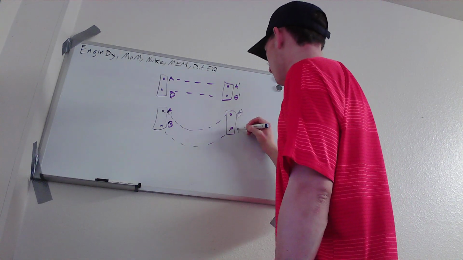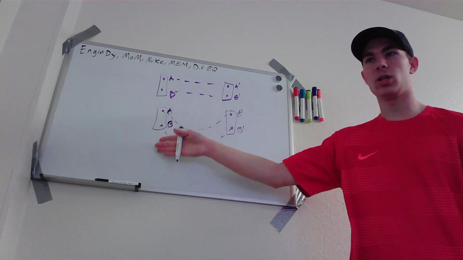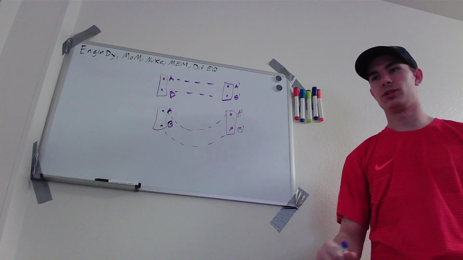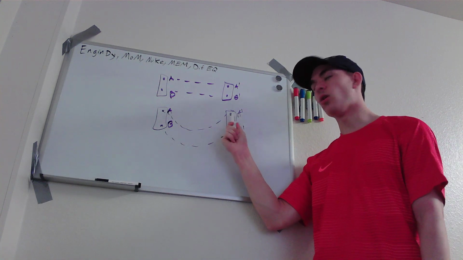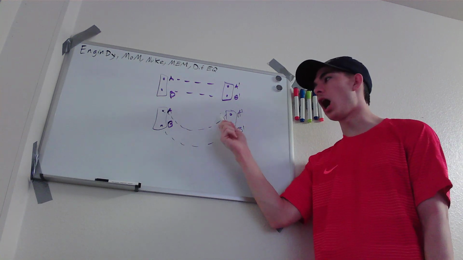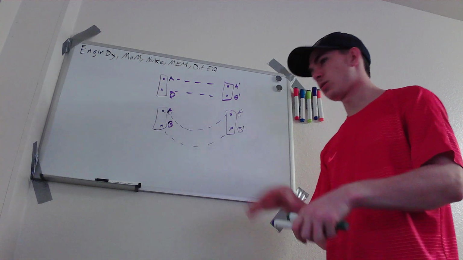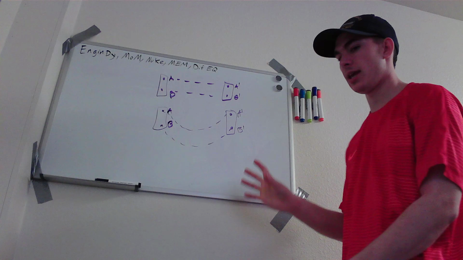A prime, B prime. It's no longer straight. You're taking dips or doing some weird things, but the orientation of your object never changed. Okay? That's what we will talk about next time for engineering dynamics.